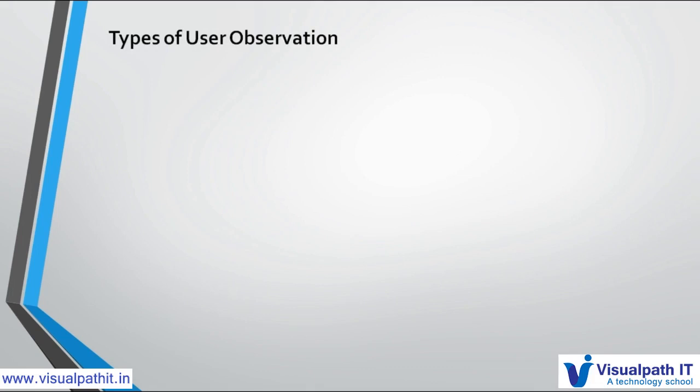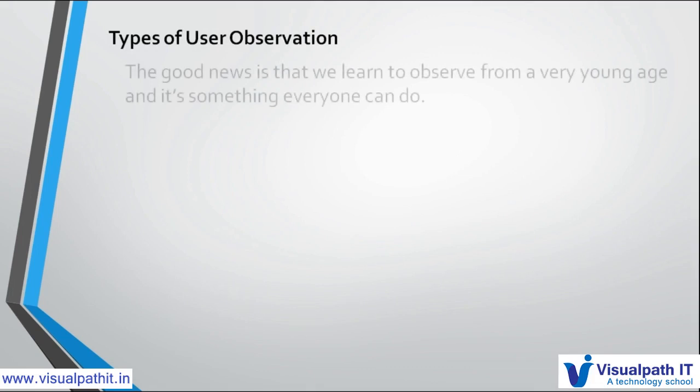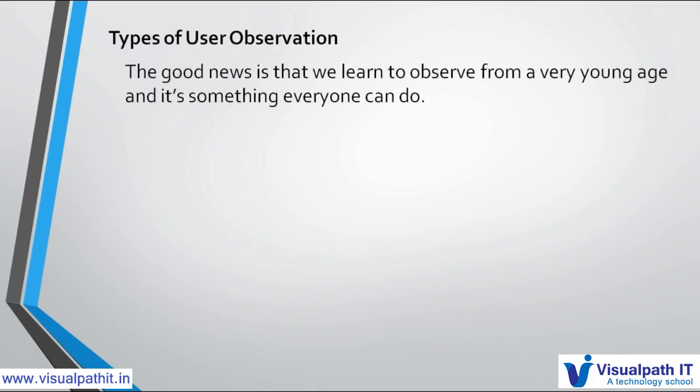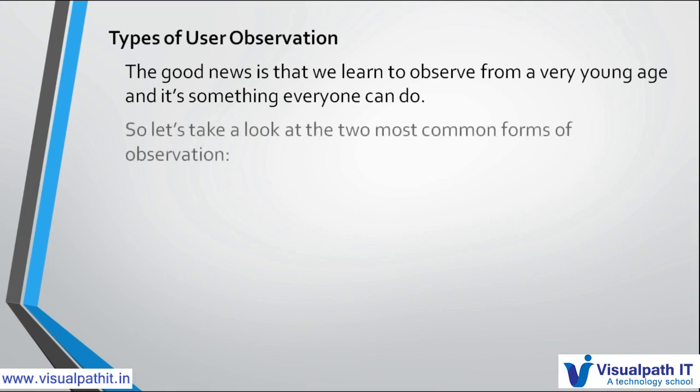Types of user observation. The good news is that we learn to observe from a very young age and it's something everyone can do. So let's take a look at the two most common forms of observation. First, controlled observation.